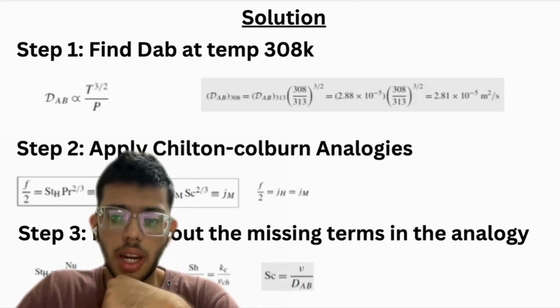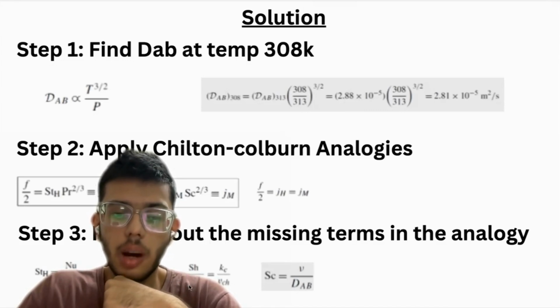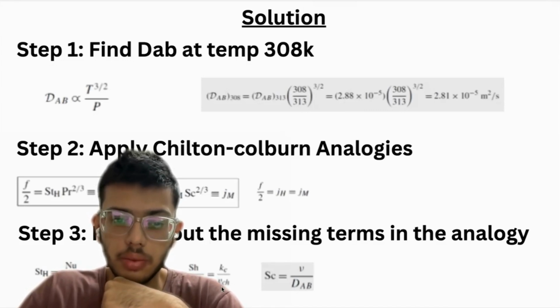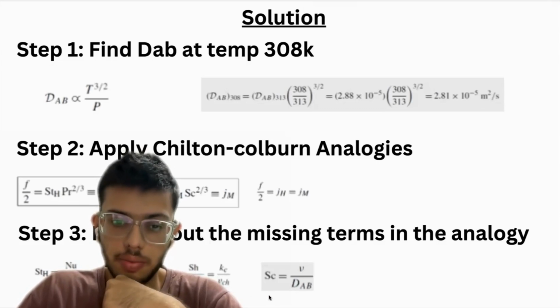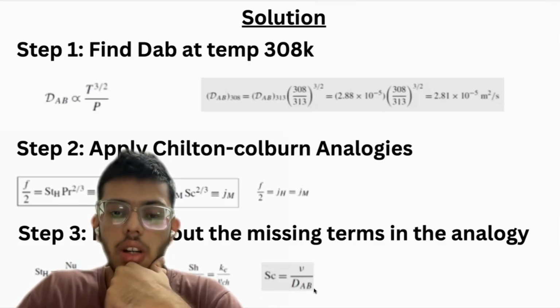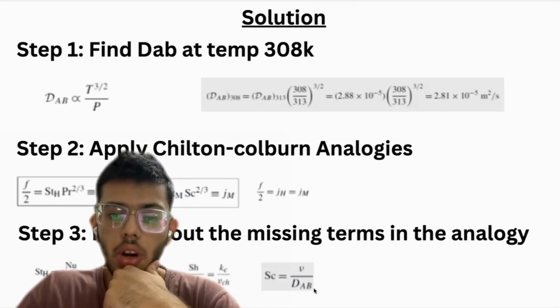Similarly, St_M, or Stanton number for mass transfer, can be written as Sh upon the Reynolds number times the Schmidt number. It can be further simplified to k_c upon V_ch, where Sc, or Schmidt number, is equal to mu upon rho D_AB.